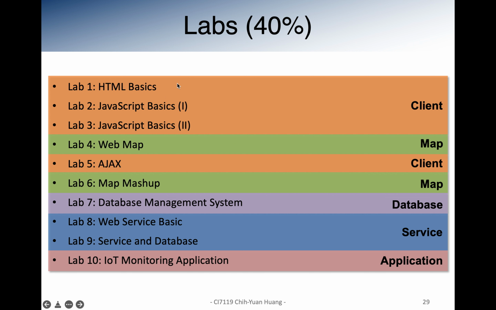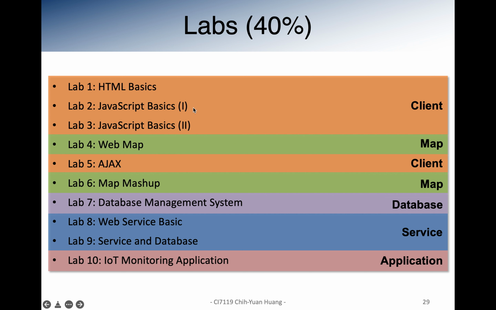Lab 2 and Lab 3 will ask you to work on JavaScript, JavaScript basic 1 and JavaScript basic 2. Hopefully by doing these two labs, you will have a better understanding of how to program in JavaScript.